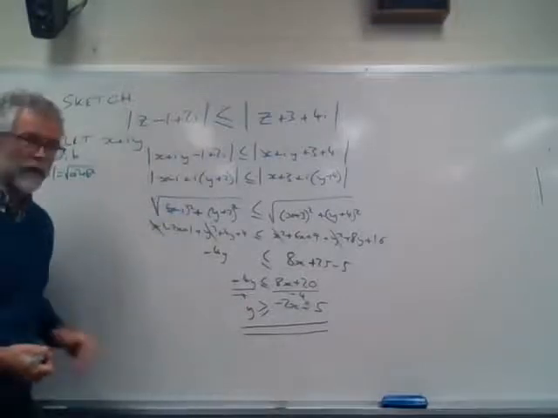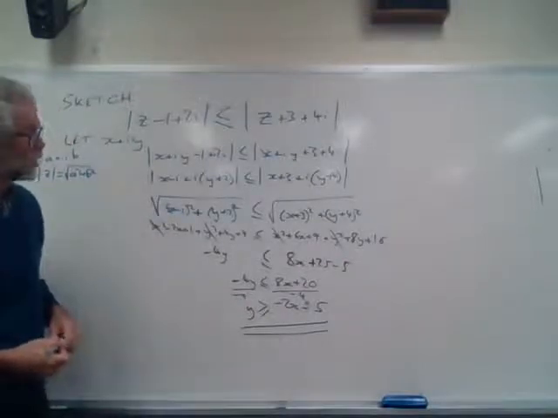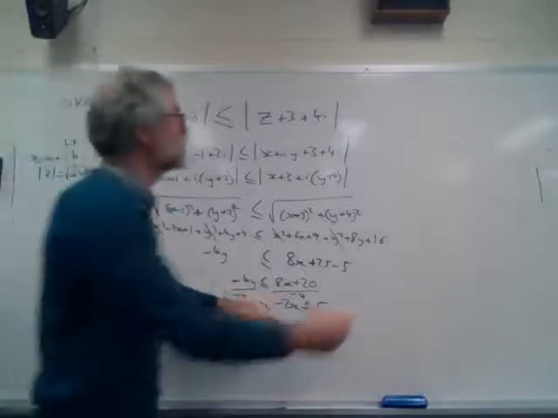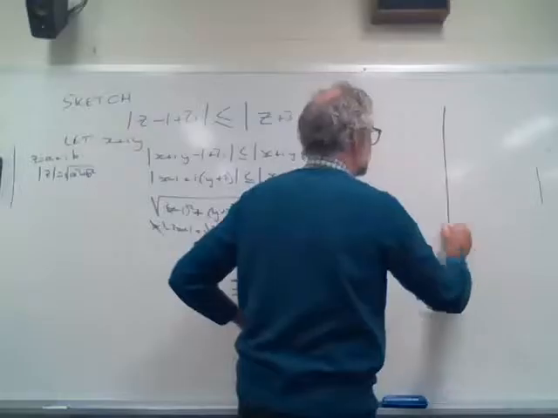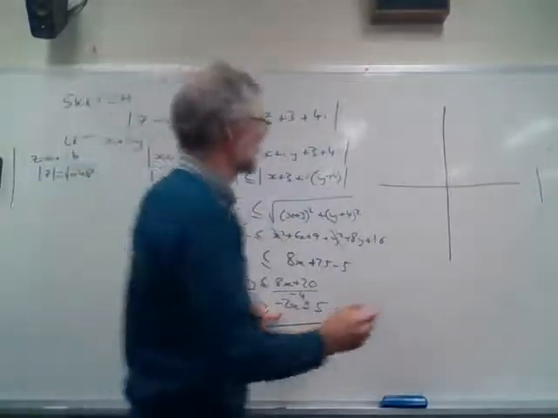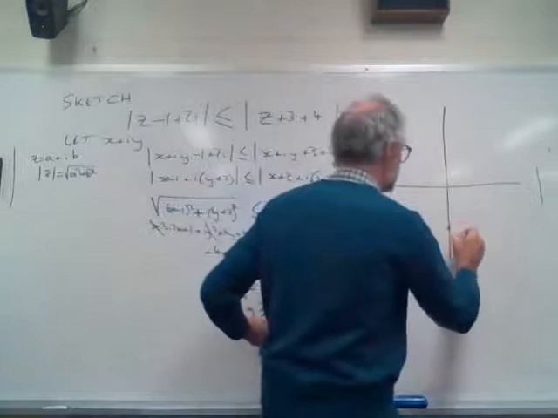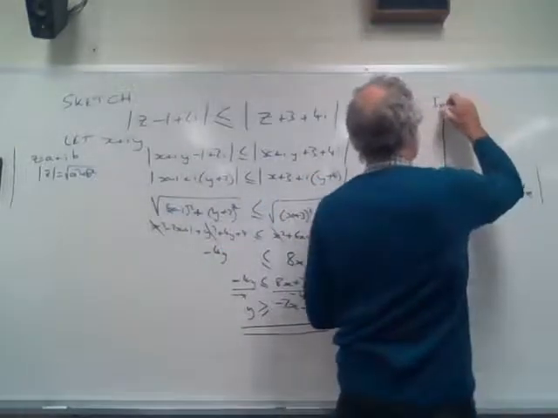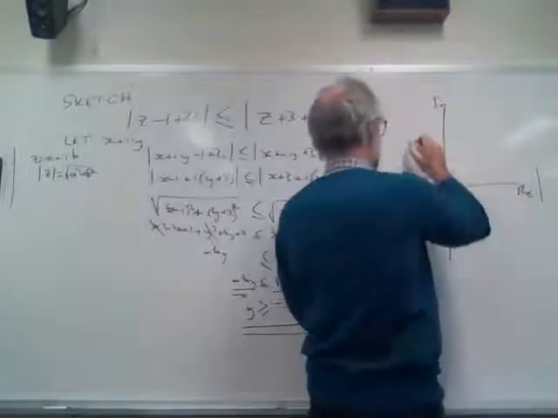Let's just see what this actually means. I'll draw the picture on an Argand diagram and you'll hopefully see what this means. Over here, -2x, -5, so it goes through -5. The reals and the imaginaries. -2x means it's doing that.